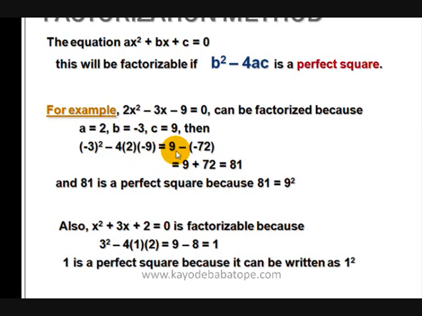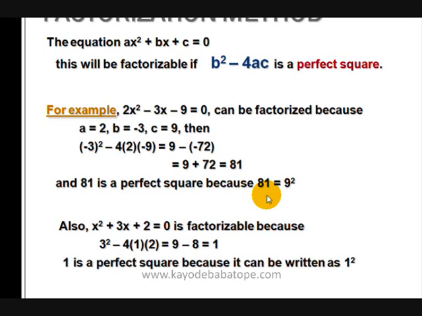That gives us 9 minus minus 72, that gives us 9 plus 72, and that gives us 81. 81 is a perfect square because the square root of 81 is 9. Alright, 81 has a square root which is an integer without a decimal place. So therefore, the equation 2x squared minus 3x minus 9 equals 0 is solvable using the factorization method.